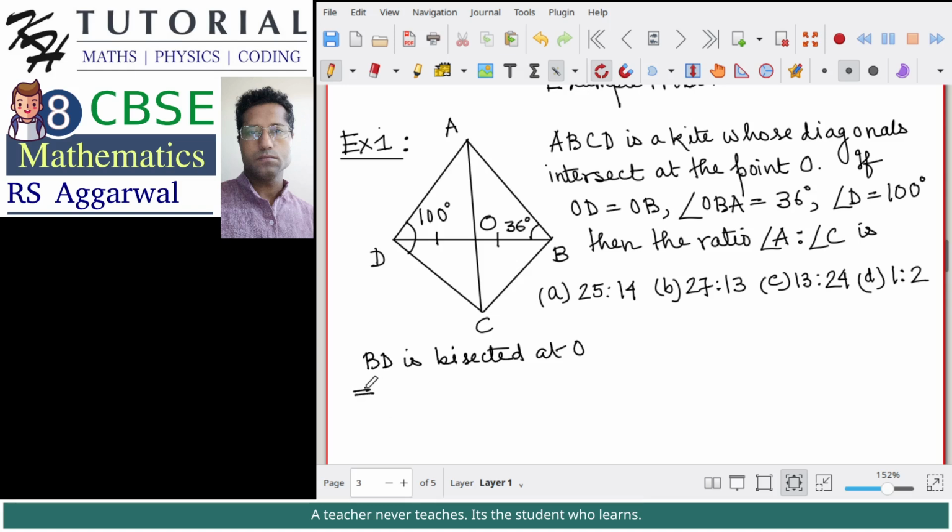So we must have angle D equal to angle B. Angle D is given to be 100 degrees. So angle B should also be equal to 100 degrees.